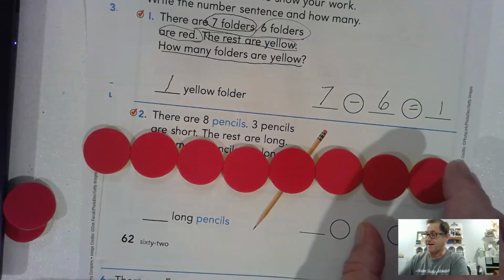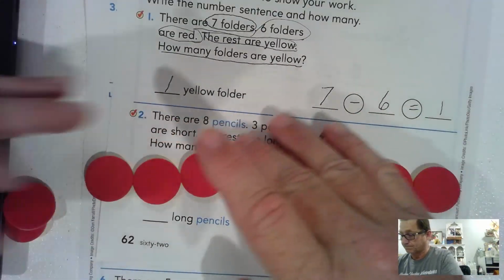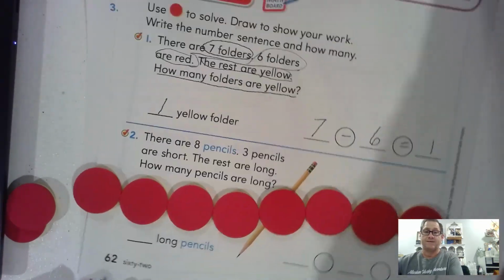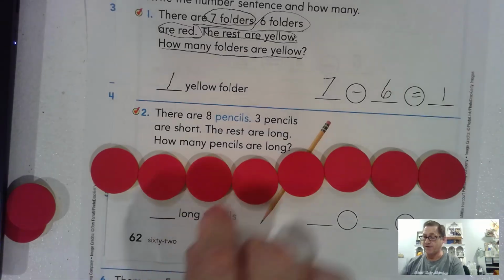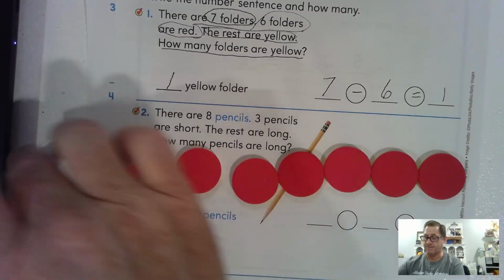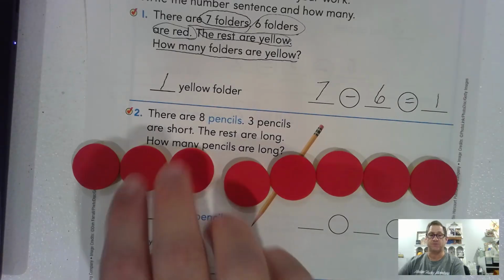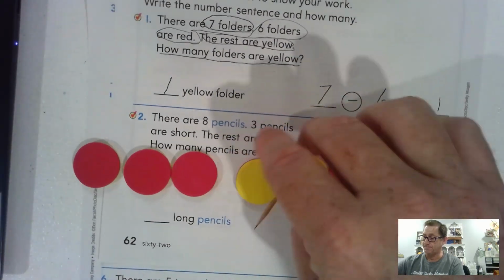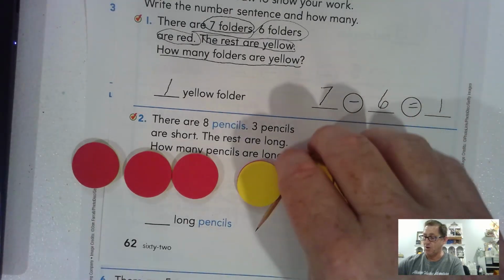All right, so that's 8. Now I have to take apart the whole, right? Because they're not all short pencils. Only 3 of them are short. So I'm going to make these 3 my short pencils, and the rest will be long. So I'm going to turn these over to represent the long.